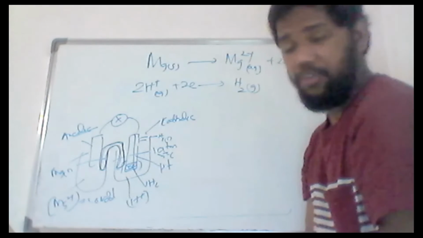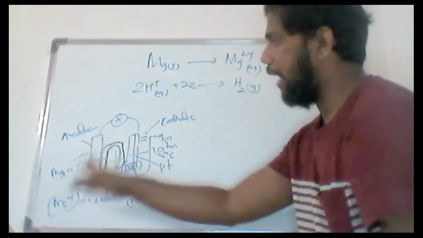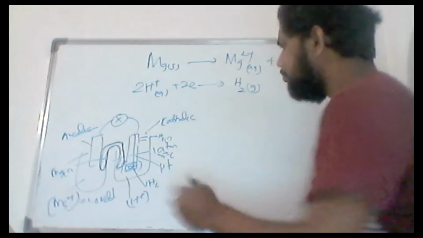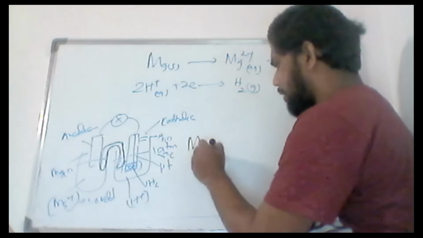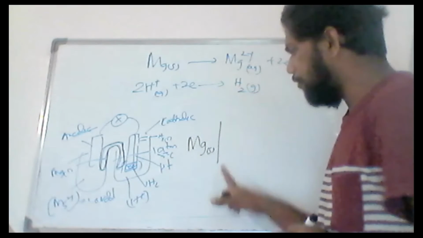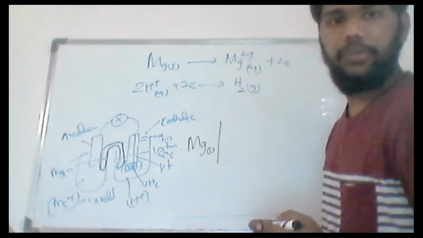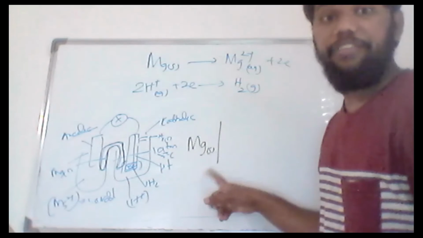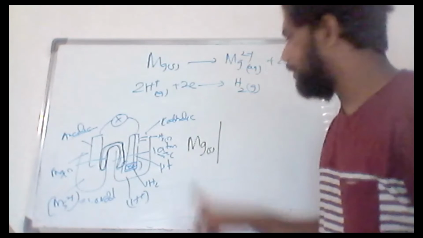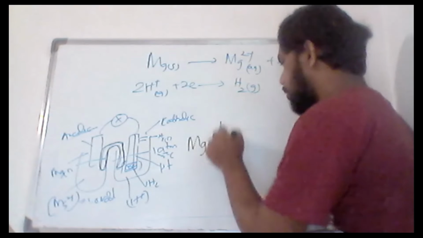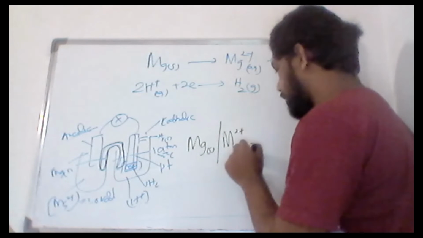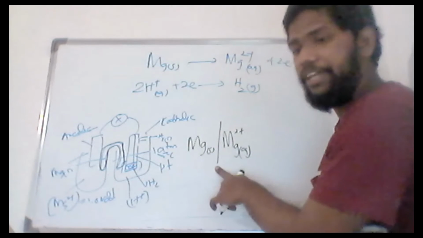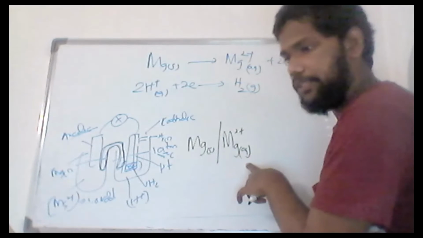So in the same way, here we write the anode, that is magnesium solid. Then we put a single line. Why this single line? To show the phase change. What is the phase change? Magnesium solid to magnesium 2 plus aqueous. So there is a phase change from solid to aqueous phase.